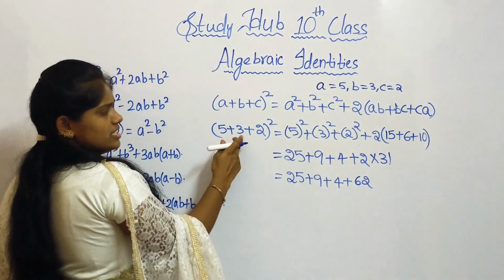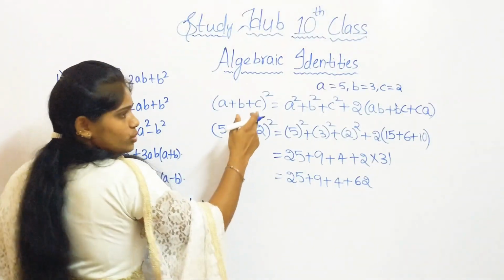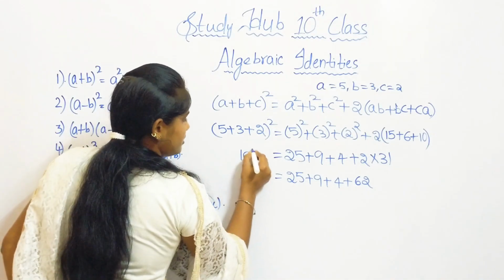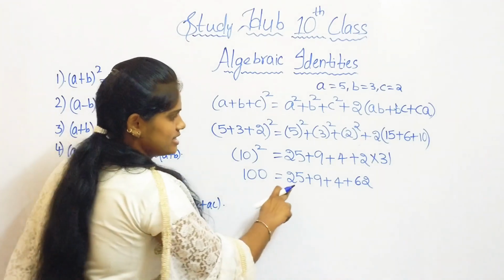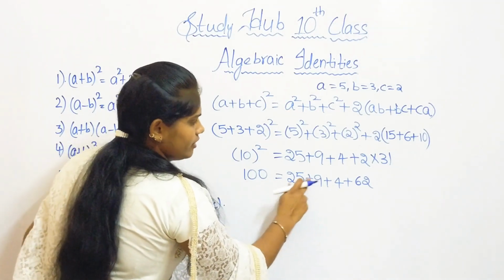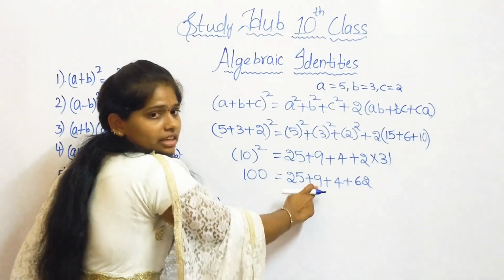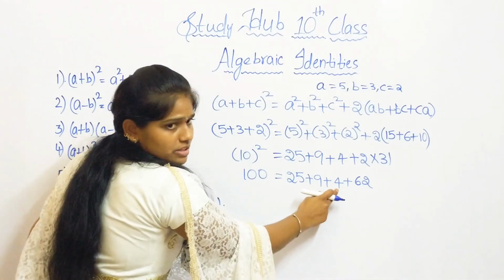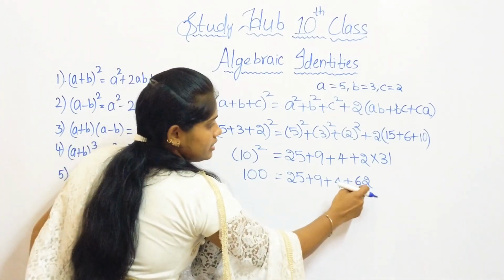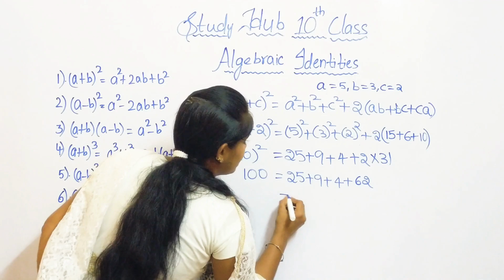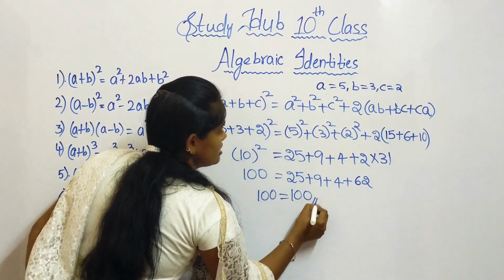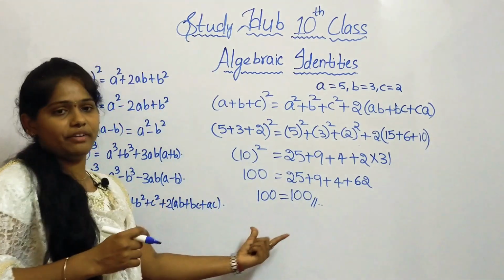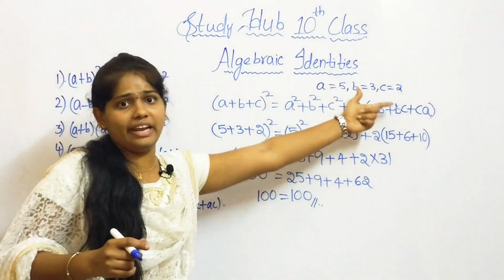Here 5 plus 3 is 8, 8 plus 2 is 10. So this is 10. 10 square is 100. So let us add this. 25 plus 9 is 34. 34 plus 4 is 38. And 38 plus 62 is 100. So 100 is equals to 100. For this also we get the satisfied value for A, B and C.